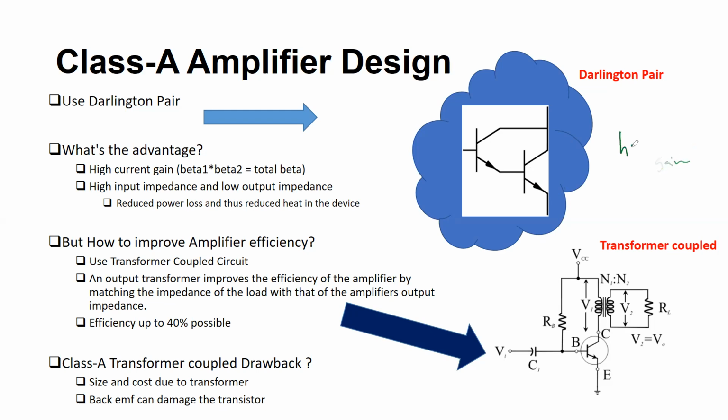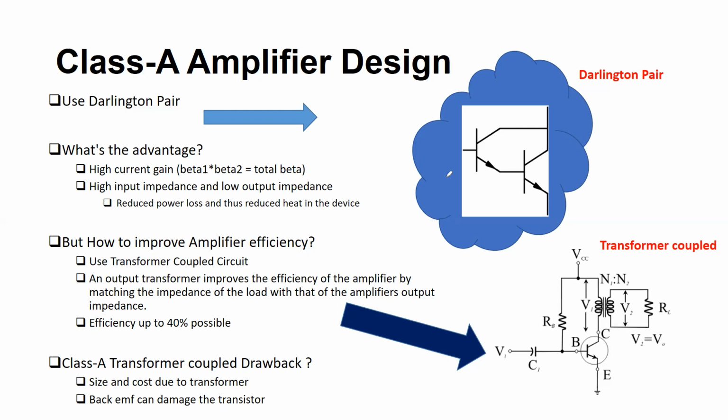Okay, it is also called as HFE. So instead of one transistor, since you are using two transistor, the collective beta is beta 1 times beta 2. So that's why you say the Darlington pair has a very high current gain. So now the transistor is capable of handling a very large current through it.